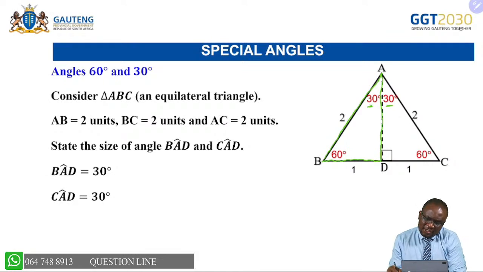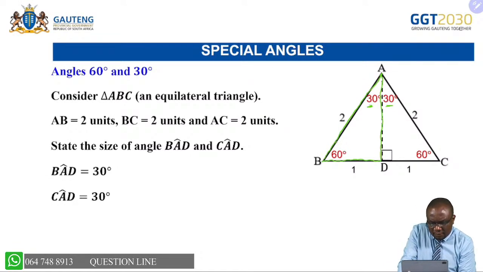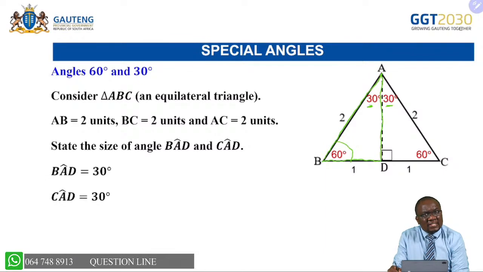And then do we have the hypotenuse for triangle ABD? Yes, we have the hypotenuse. It's AB. Do we have the opposite side to this angle? AD is opposite. Do you see AD is opposite? But now it's empty. We don't know the size of AD.